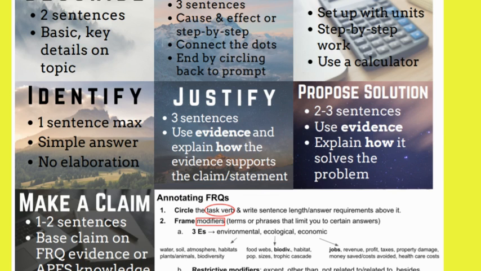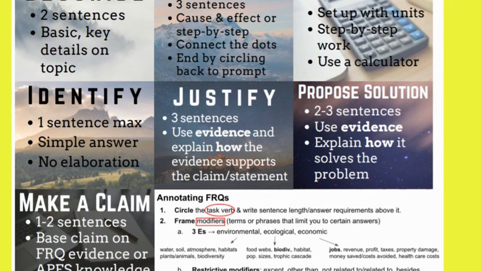Now, another piece that we're going to talk about later on in the week is how I would like you to annotate your FRQs. Whenever we get an FRQ, we're going to circle the task verb that you see here.